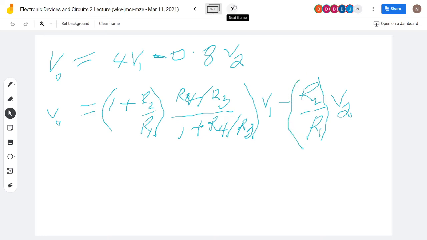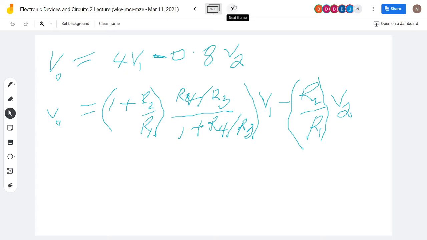Before I had it as V1 minus V2 minus V1. It doesn't matter, ladies and gentlemen, if you put V1 minus V2 or V2 minus V1. What is important is that from just looking at this expression, you can see something very clear.